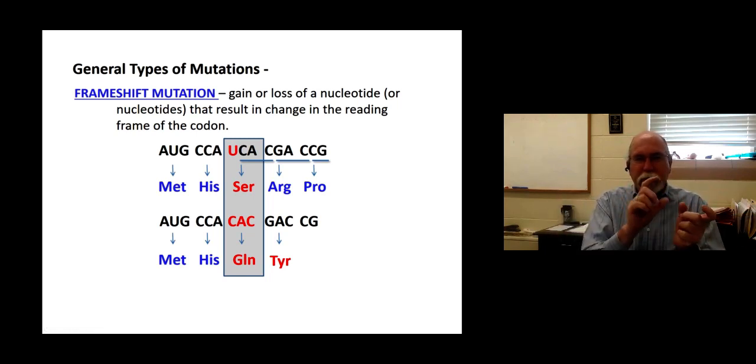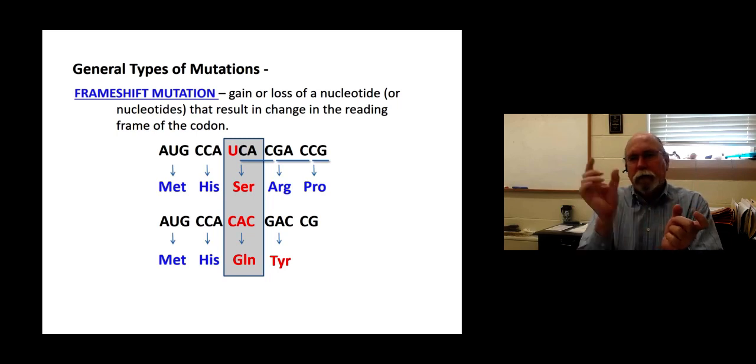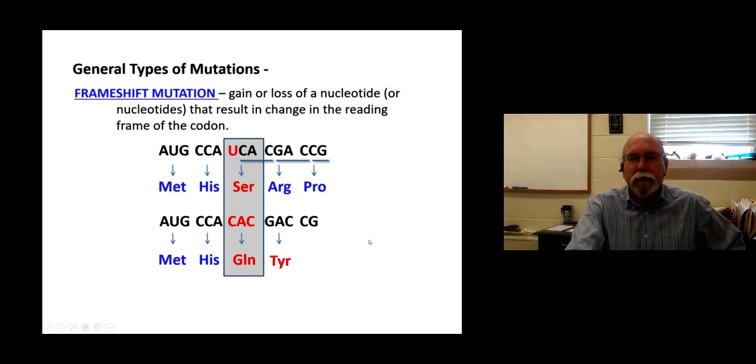The system has no way of knowing that it took something out or put something in. It simply takes the next three of these nucleotides found in the RNA, reads those as the next word, grabs the next one and the next one. So that's exactly what's happening here. The U's gone. So instead of reading UCA, it grabs the C, the A, and then grabs the C from what should be the next codon, the first letter of the next codon, but it's not.